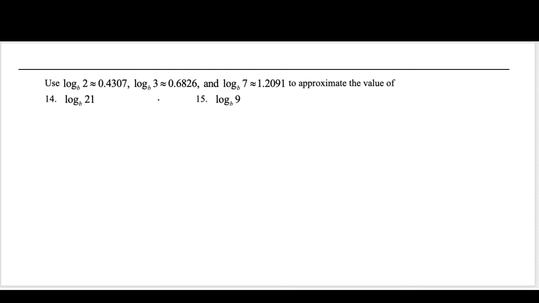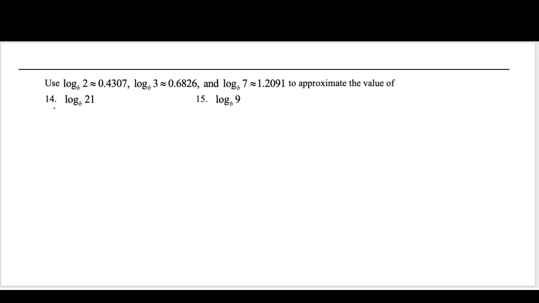Log base b of 3 is approximately equal to 0.6826. And log base b of 7 is approximately equal to 1.2091. And I want to use these to estimate these values. We'll start with log base b of 21.